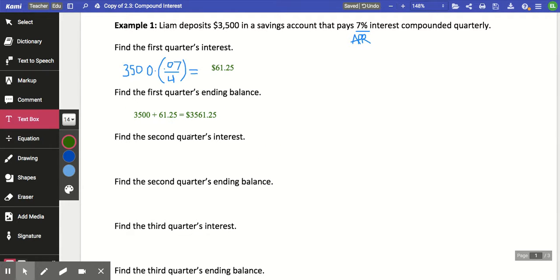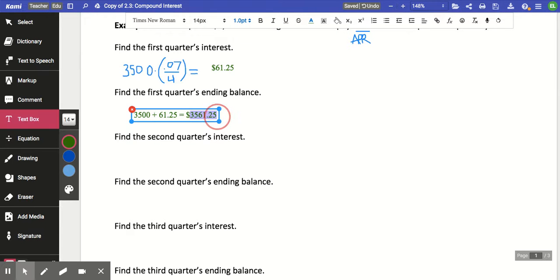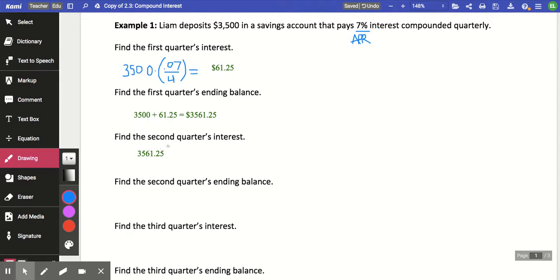When we go to calculate the second quarter's interest, we now use that new balance. So once again, we take the balance and multiply by 0.07 over 4.